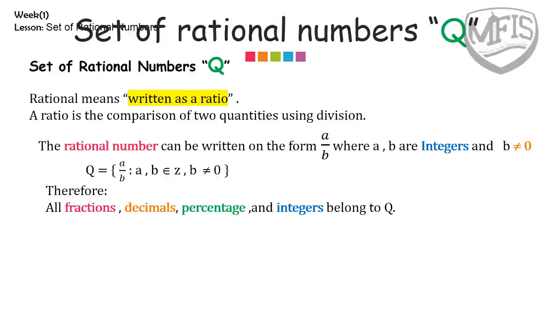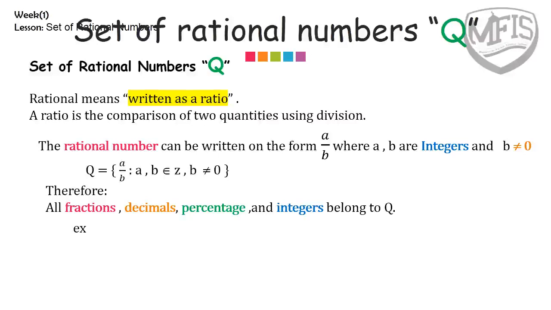Because I can't count or collect all those fractions in one set, I will search for a main criterion or property to describe this set. This criterion will be Q equals a over b, when a and b belong to Z and b doesn't equal 0. Therefore, the fractions, decimals, percentages, and integers all belong to Q and have the same criterion.